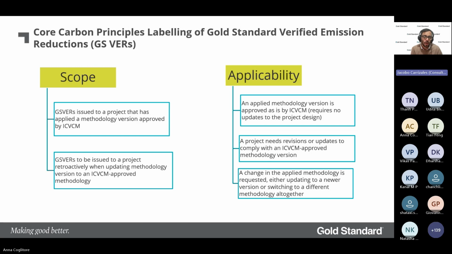The CCP, the core carbon principles, are run by the ICVCM, and Gold Standard is willing and happy to label these VERs as long as they fulfill the requirements. And of course, the scope also covers the VERs that are going to be issued to a project retroactively when this project is using an updated version of the methodology, and this methodology has been approved by the ICVCM.